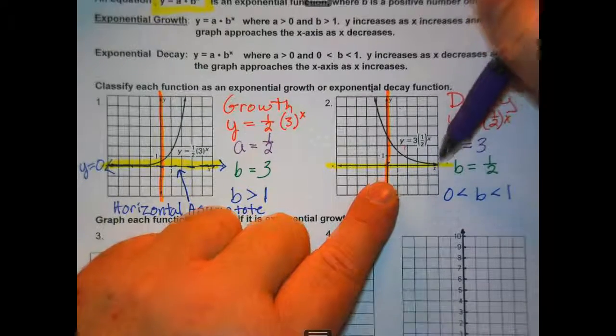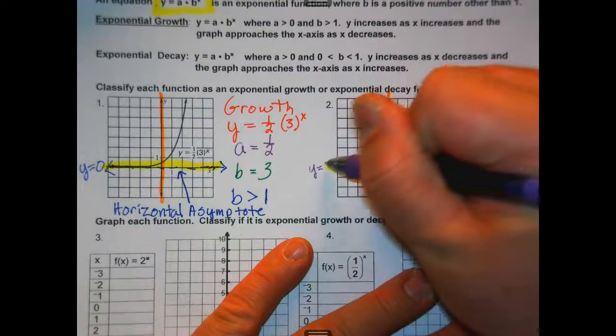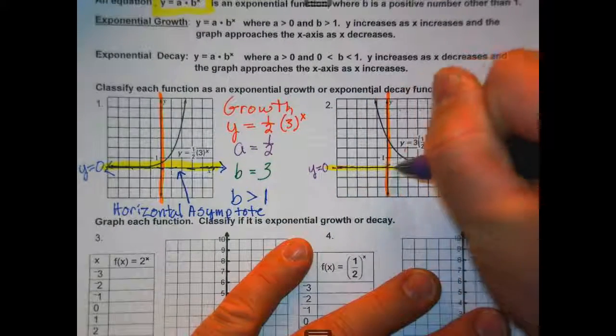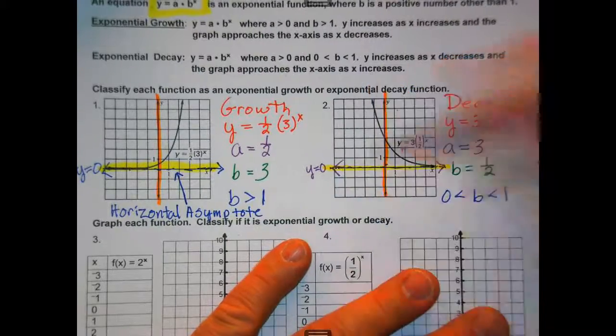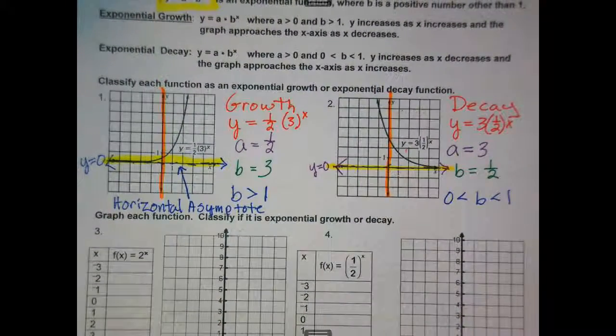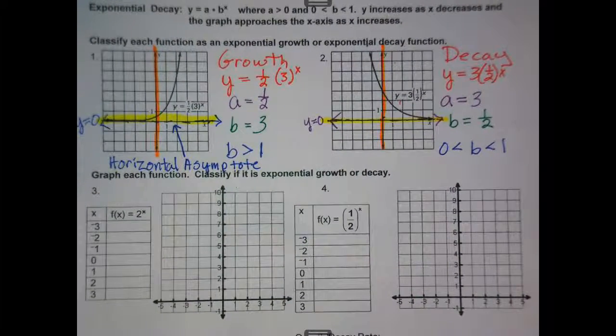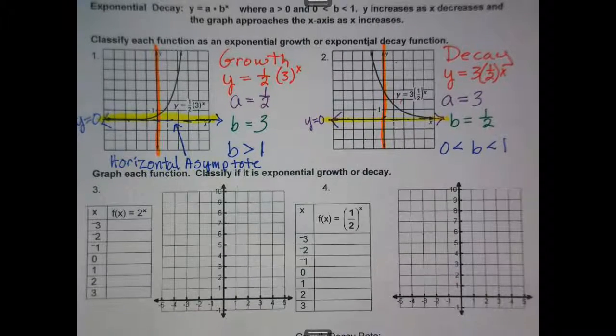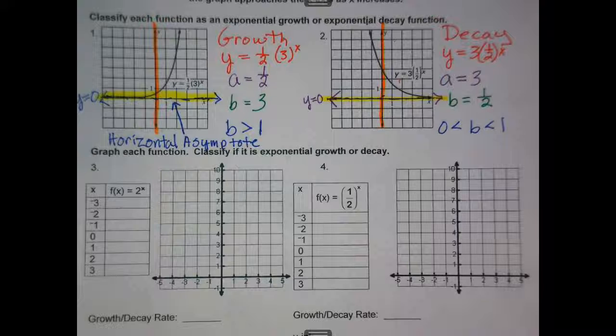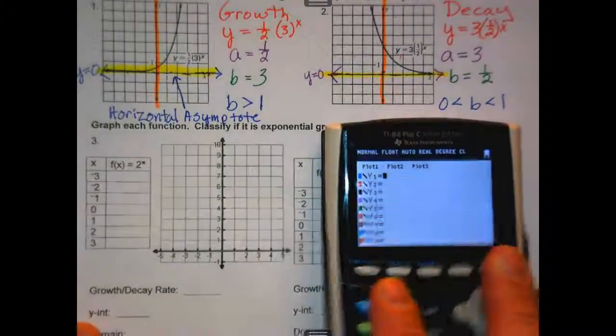Goes to 0, because this is our y equals 0 asymptote. Look at it left to right. If it's going up, growth. If it's going down, decay. Because we read left to right. Yes, it still would be growth and decay.